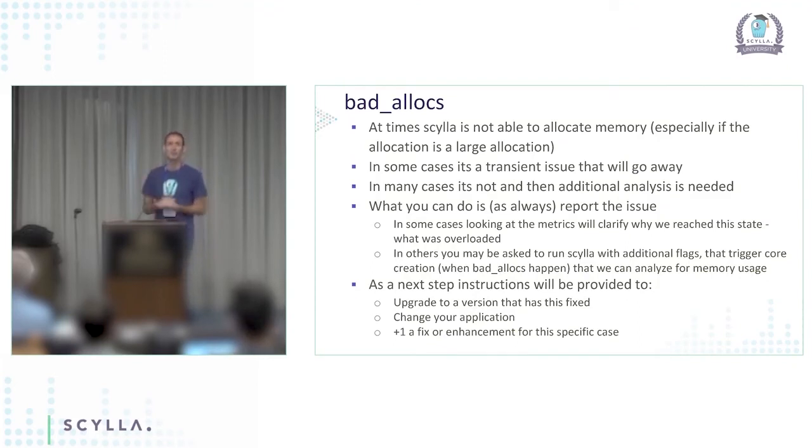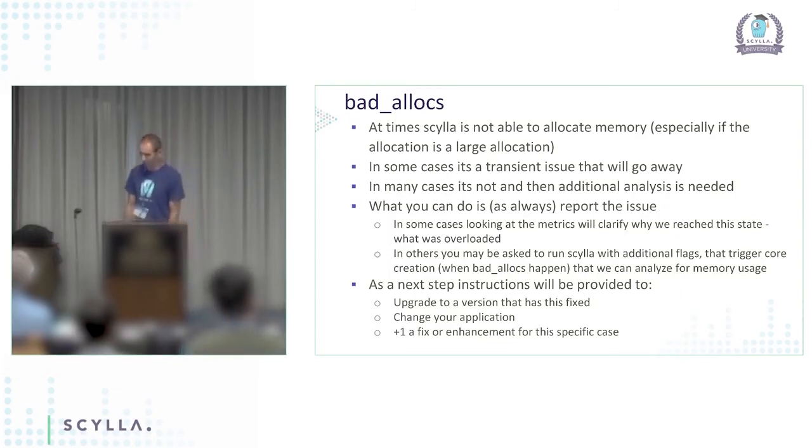It can be a temporary time where there was stress, we couldn't allocate, and there was a bad alloc. Your client or your application may have gotten an error back for a request that it sent, and it will retry and everything will be perfect. But in some cases, it's not transient, and we cannot really keep on working.